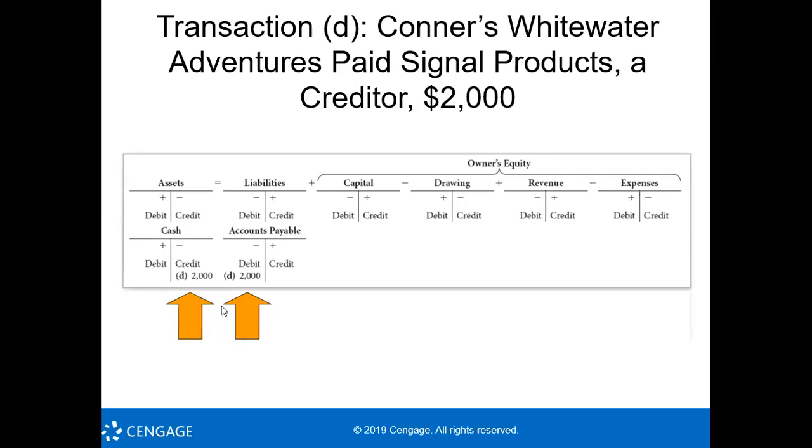We pay a credit card payment, cash is going down, but then also what we owe is going down. So in this case, we would debit accounts payable, which decreases accounts payable. We would credit cash, which decreases cash. So we're decreasing what we owe, and we're decreasing our cash.